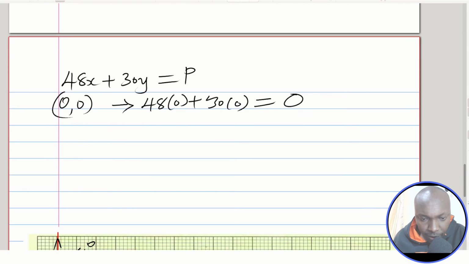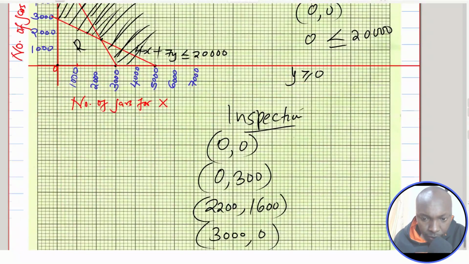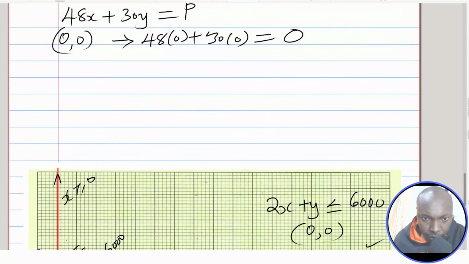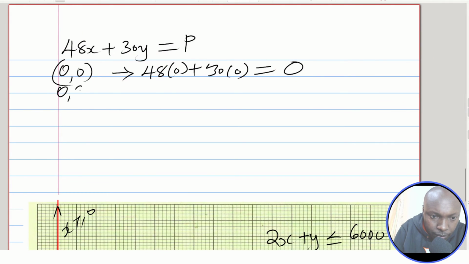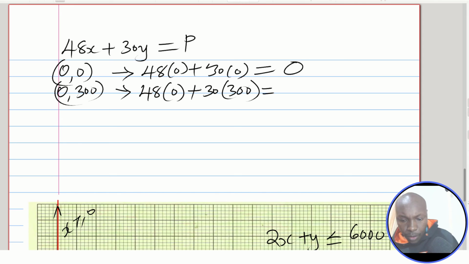That one will not give us any maximum profit. The other one will be 0, 3,000: 48 times 0 plus 30 times 3,000.